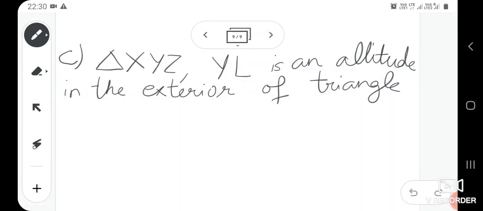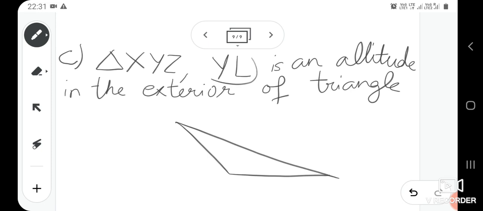Next question is triangle XYZ in which YL is an altitude in the exterior of triangle. Exterior means outside the triangle. You know that in which kind of triangle we have altitude exterior, that is obtuse angle triangle. So we will draw triangle XYZ like this outside.